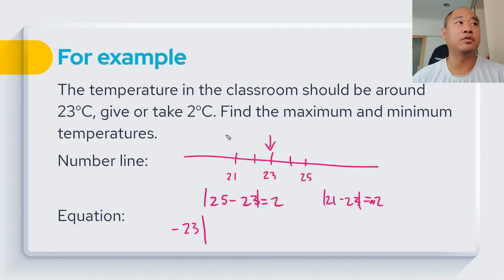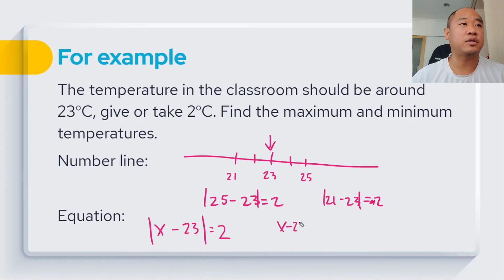In this example, we don't know what those temperatures would be, right? So that would be an x. And then our difference is going to be 2 degrees, give or take 2 degrees. And so this is how you write an equation for the situation. And then we would just solve this.